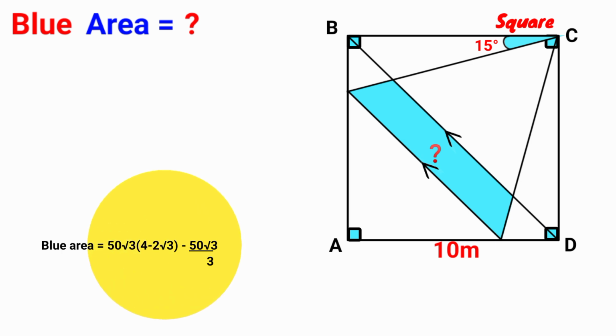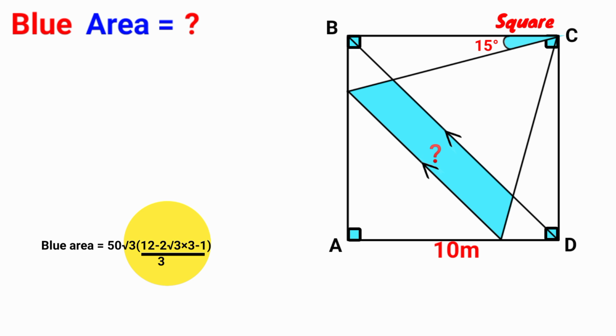Now from 50 root 3 into bracket 4 minus 2 root 3 minus 50 root 3 over 3, 50 root 3 is common. We factor it out. So it is 50 root 3 open bracket 4 minus 2 root 3 minus 1 over 3. 4 minus 2 root 3 minus 1 over 3, simplifying into a single fraction, is 4 times 3 minus 2 root 3 times 3 minus 1 all over 3. 4 times 3 is 12.